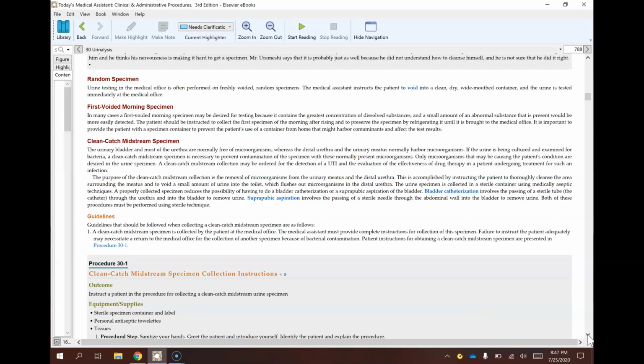The first voided morning specimen usually has the greatest concentration because it has been forming overnight. So that is your best opportunity to get something detected within the urine.